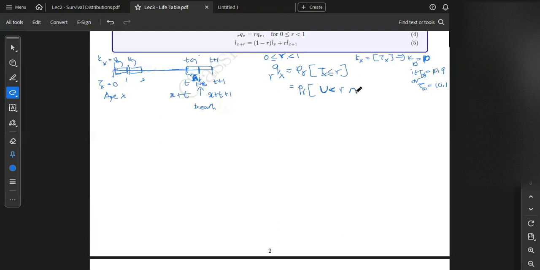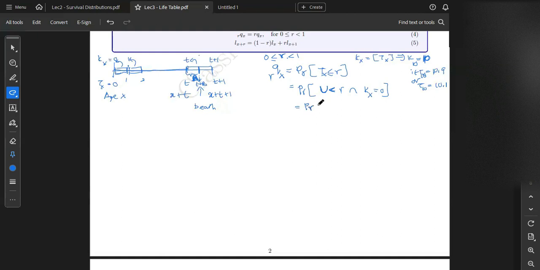And the other thing is K in here. So Tx is less than R, so the Kx is equal to 0, because we are considering age x and the interval from 0 to 1, because the starting point is k equal to 0.